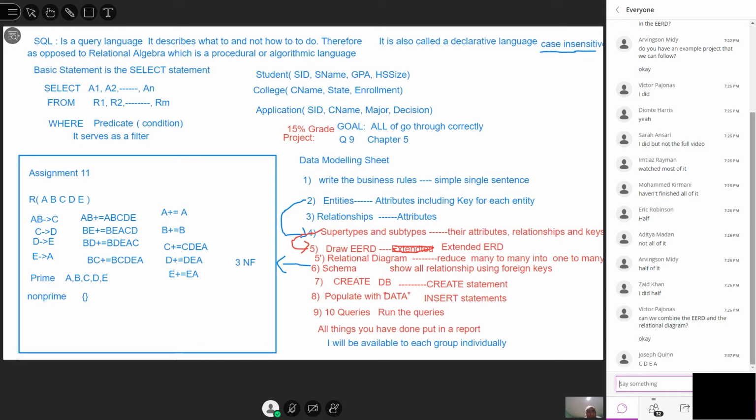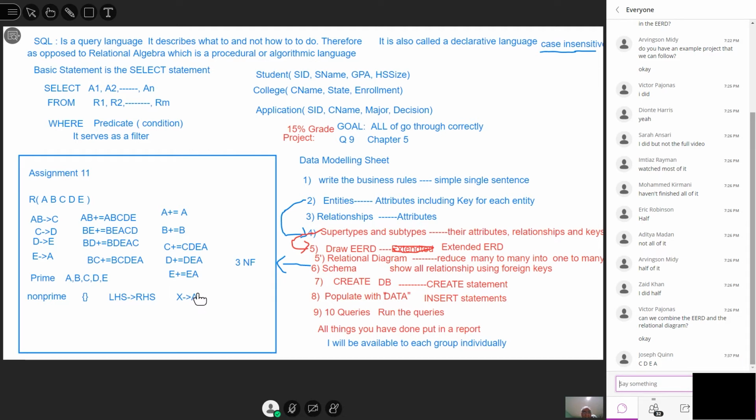Similarly, here we say X determines A. So over here in the second normal form, please listen carefully. X is the left-hand side, and A is on the right-hand side.